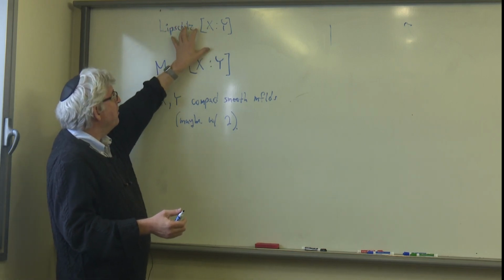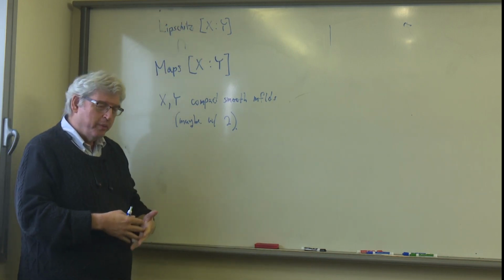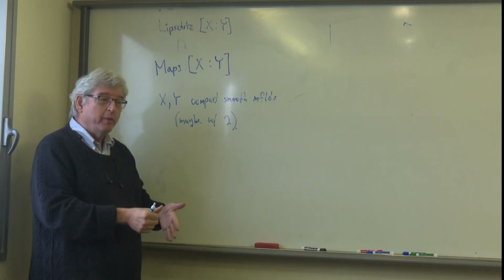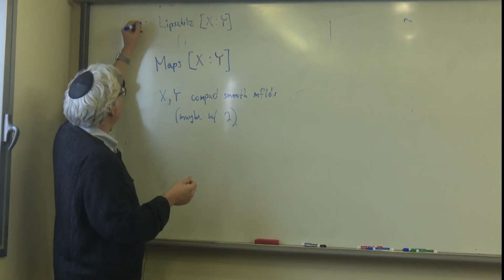This is a reasonable thing from the point of view of algebraic topology, and we discussed the entropy last time. We talked about how much information is there in an L-Lipschitz map.